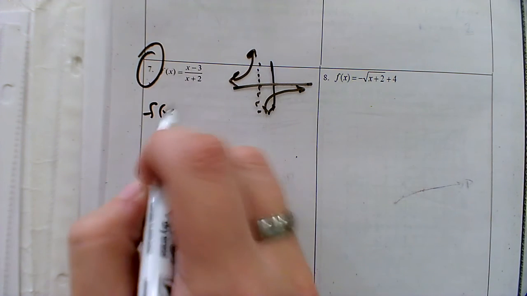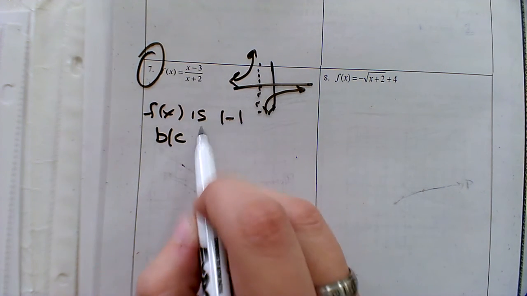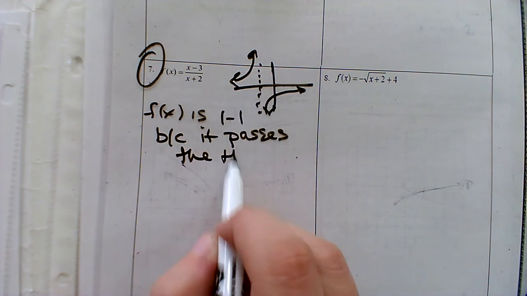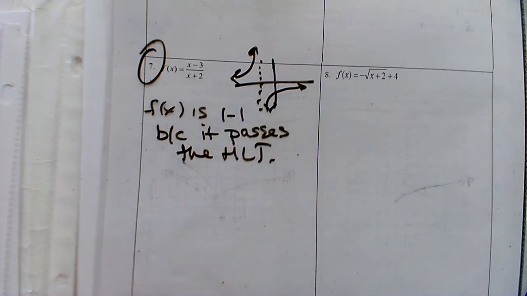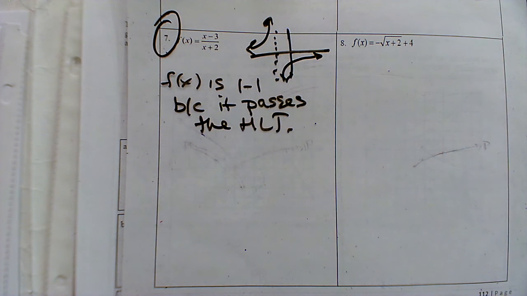Okay, so f of x is 1 to 1 because it passes the horizontal line test. So therefore, we know it has an inverse. You are able to switch the variables and solve for y and develop some new function, some new relationship.